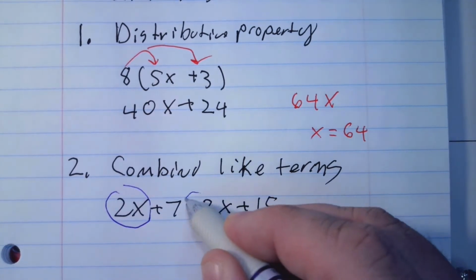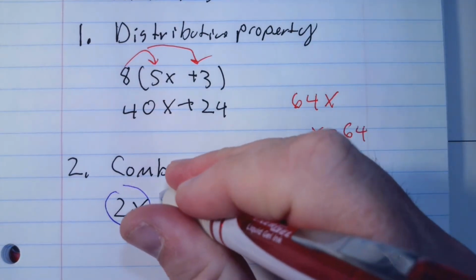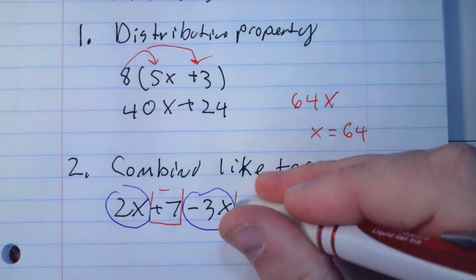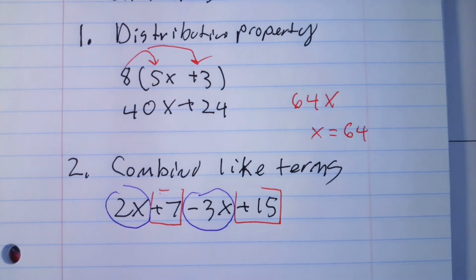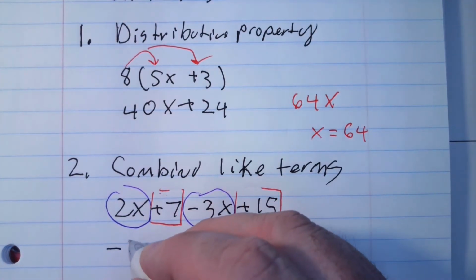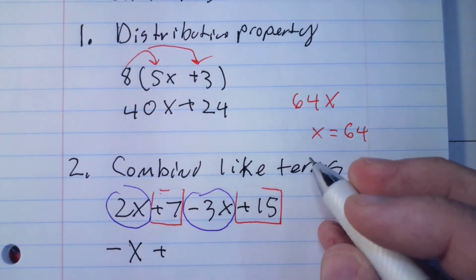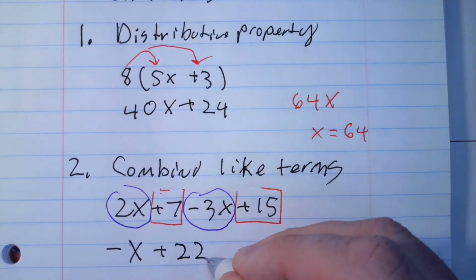So I think these are like terms, yeah? And maybe these guys are like terms. So this will end up being a negative 1x. I don't have to put the 1, but I can. Plus maybe 22. Is that it?